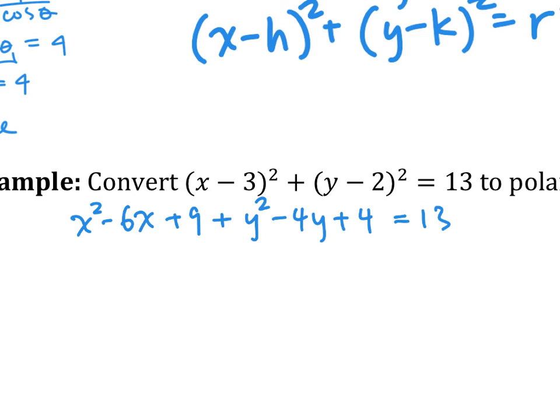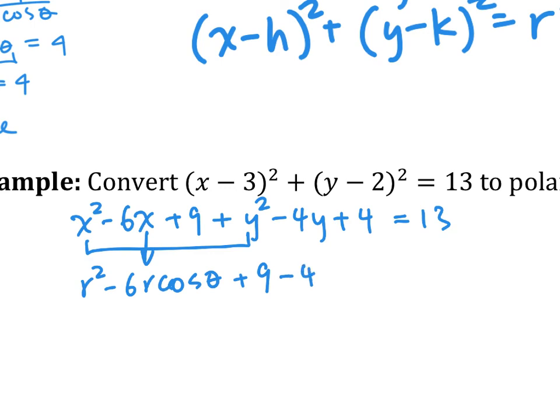All right, so remember the goal is to turn it into polar form. So x squared plus y squared is what? That is r squared. And then we're going to turn each other part also into polar form. So this x here becomes r cosine, plus 9, and then minus 4 y, which is r sine, plus 4 equals 13.